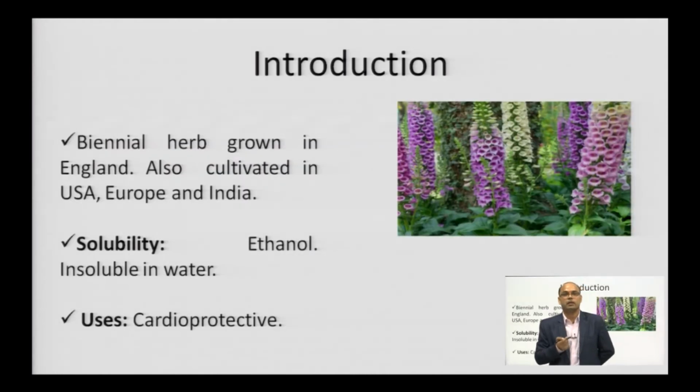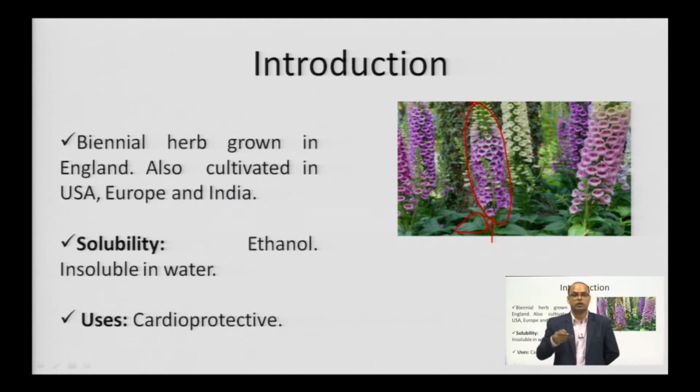If you look at the plant, a beautiful plant, the flowers are present at the top, the terminal position of the plant. This is the plant with broad leaves, and the flower is a compound flower composed of various florets.